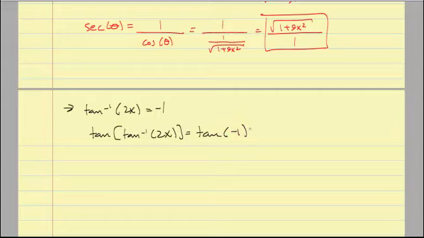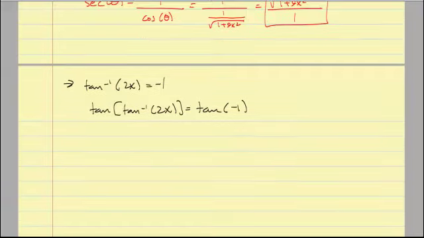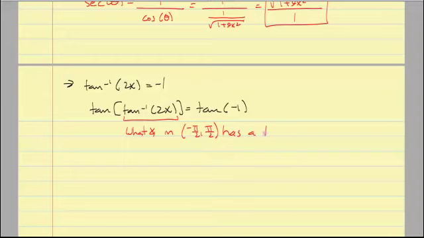So, because of this idea that we talked about up above of inverse trig functions, if you keep track of your restrictions, the tangent of the inverse tangent of 2x is just going to be 2x. But let's look at that just a little bit. This means what angle in the interval negative pi over 2 to positive pi over 2, points not inclusive, meaning I have parentheses, has a tangent of 2x.